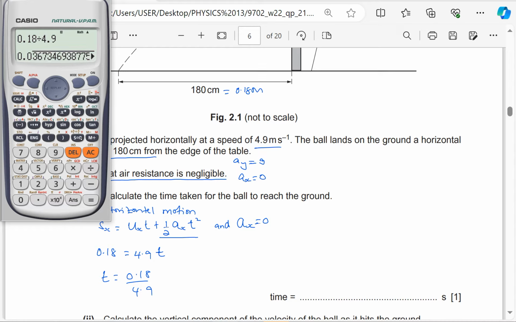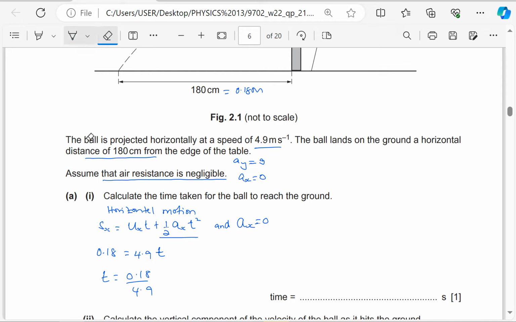Now check this, 0.18 divided by 4.9. So this gives me 0.0... I'll first check this, 180 divided by 100. This is 1.8, not 0.18. Sorry about that mathematical error.